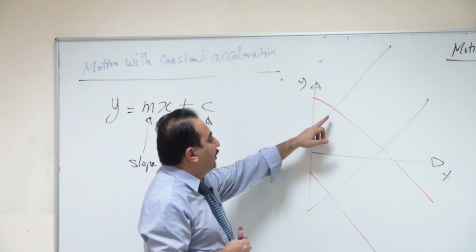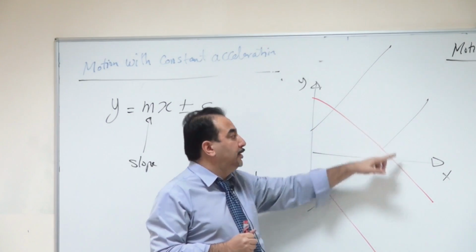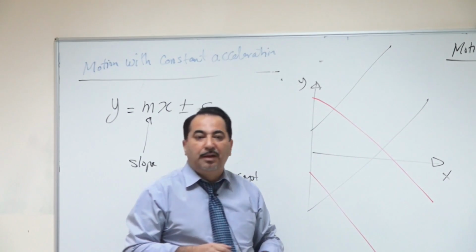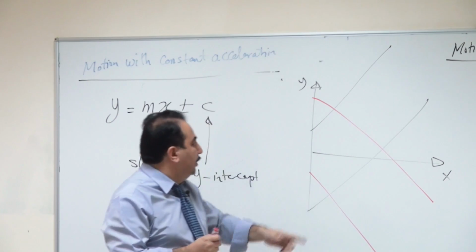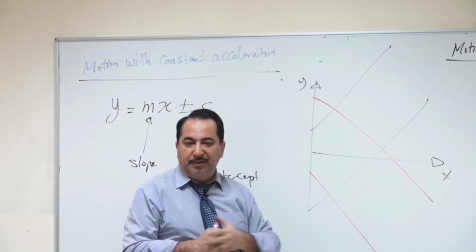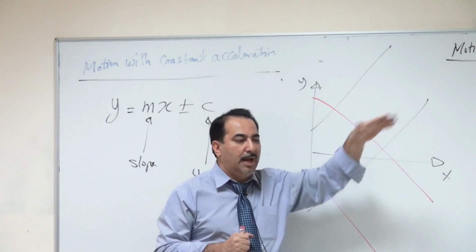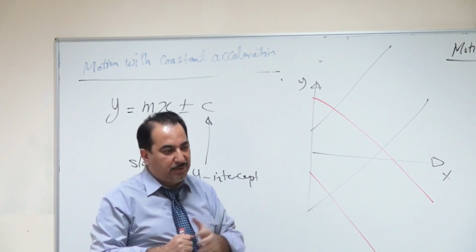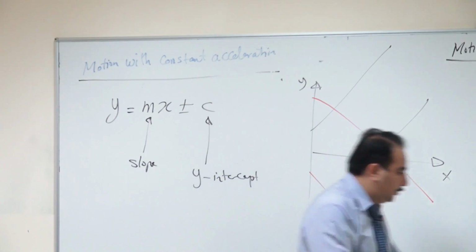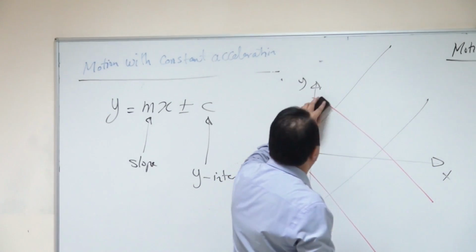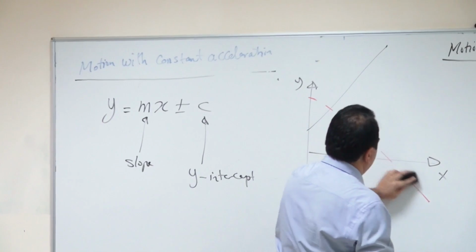What's the difference between the black line and the red? The slope. The red has a negative and the black has a positive slope. That's the major difference. Now let me take one for simplicity. I take the black one here only.